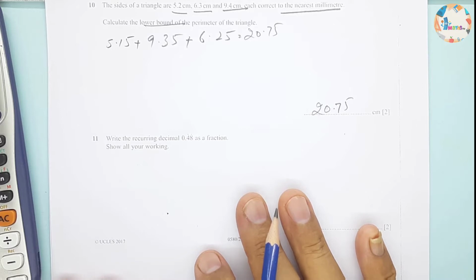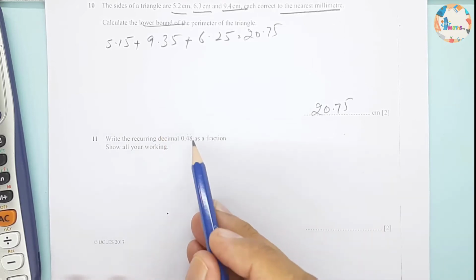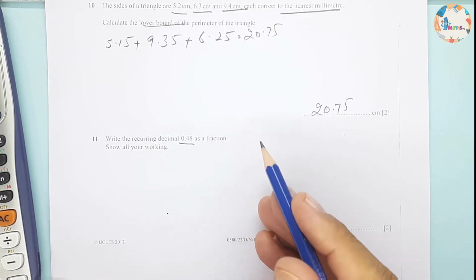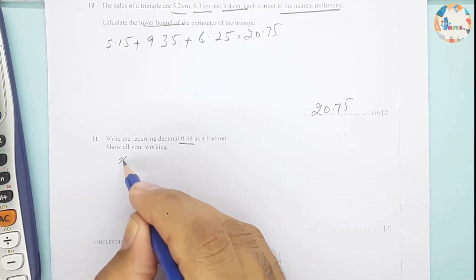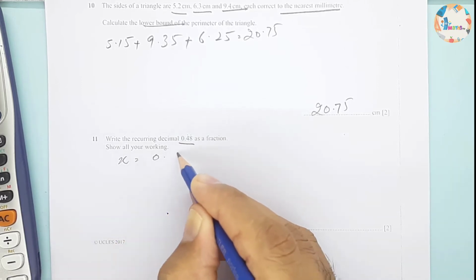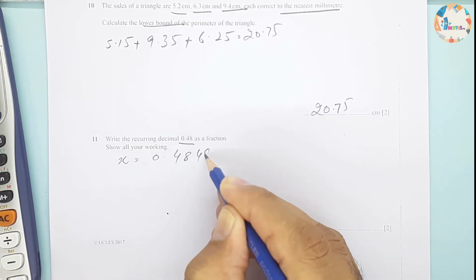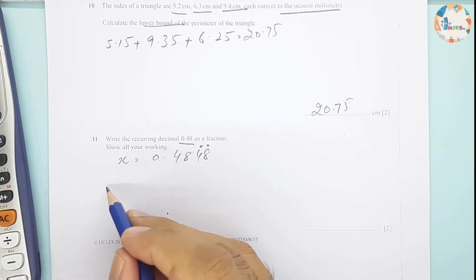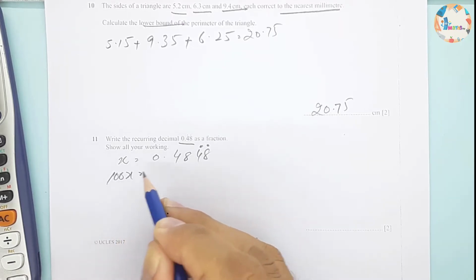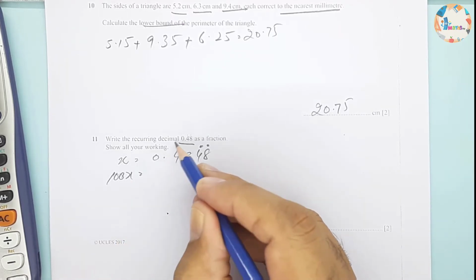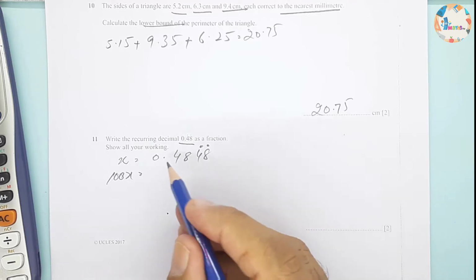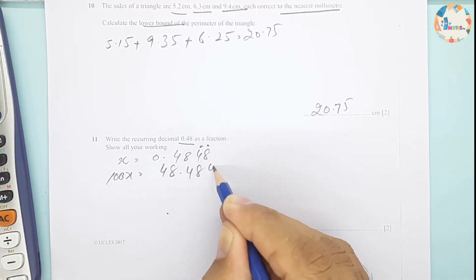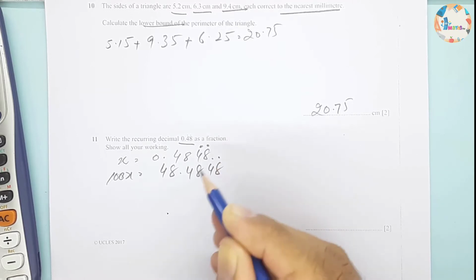Question number 11. Write the recurring decimal 0.48 recurring as a fraction. Show all your working. So we can write x is equal to 0.4848 recurring, and 100x will be equal to, we'll shift the decimal 2 digits to the right, so it will be 48.4848 recurring.